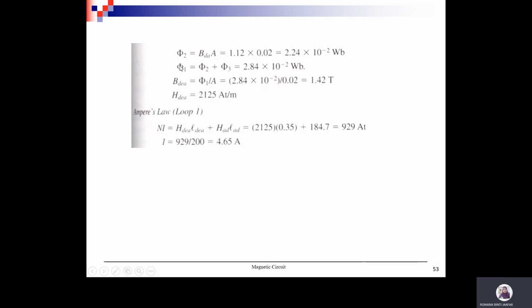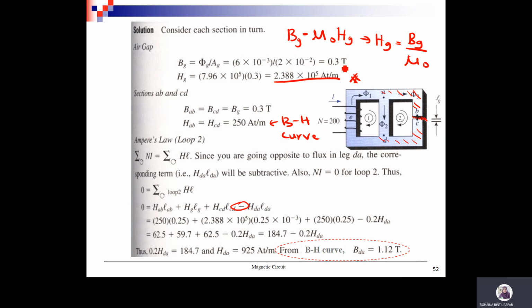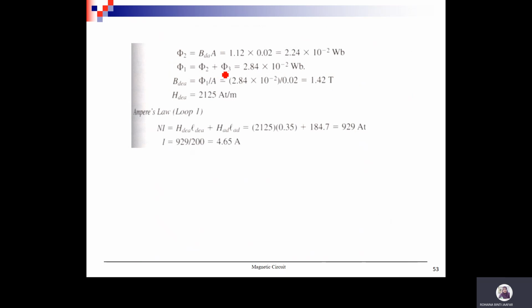And then for flux 1, if you apply KCL here, flux 1 equals flux 2 plus flux 3. So you will get 2.84.